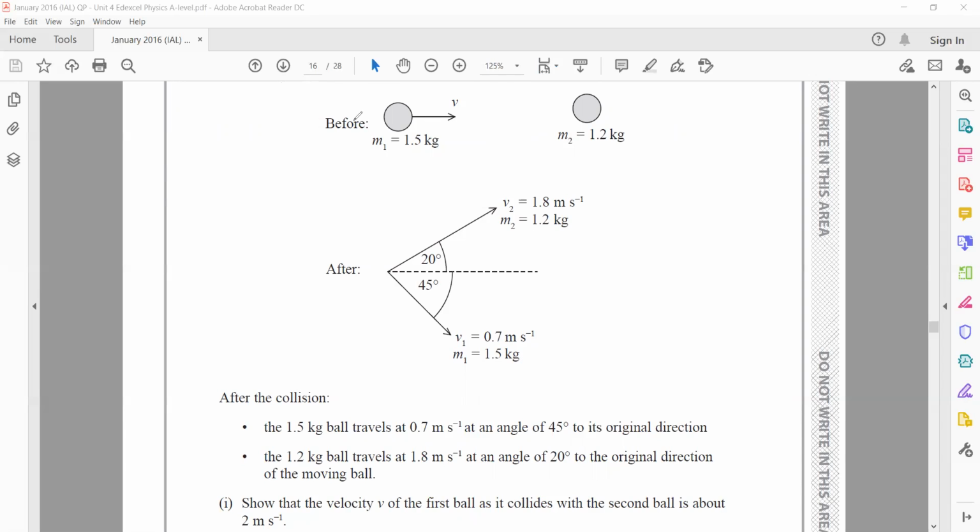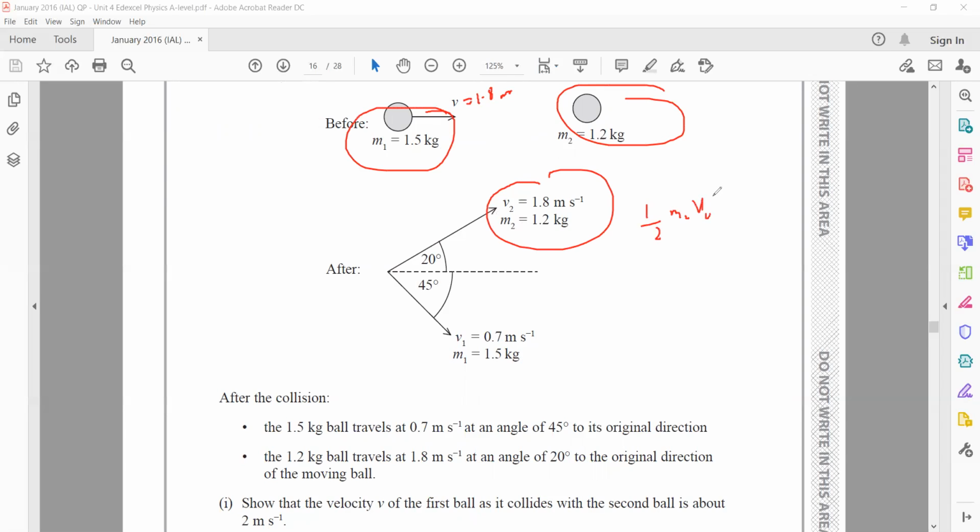So what you can do, you can find the kinetic energy here. This was 1.8. Kinetic energy is half mv squared. This is kinetic energy 0. And kinetic energy after collision, you will use half mv squared, and this one is also half m1 v1 squared.